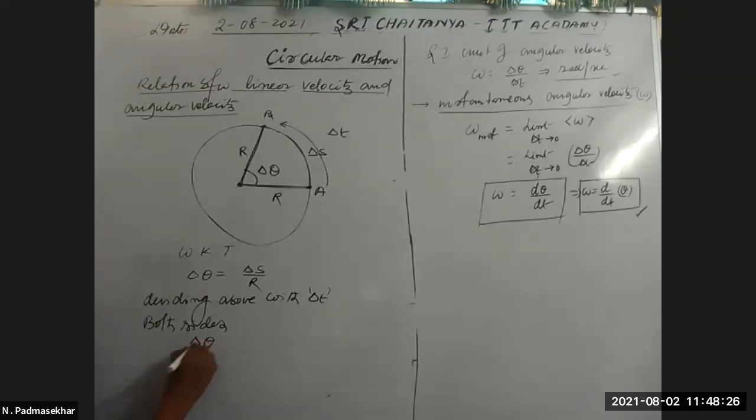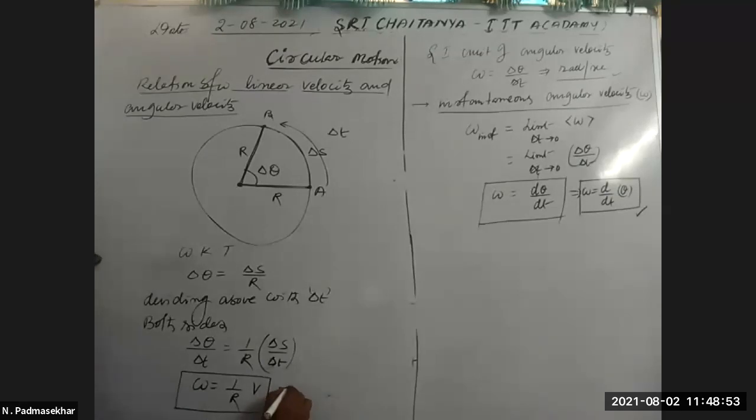Then delta theta by delta T is equal to 1 by R into delta S by delta T. You know, delta theta by delta T is equal to omega. This is R. So this is the relation: V is equal to R omega.